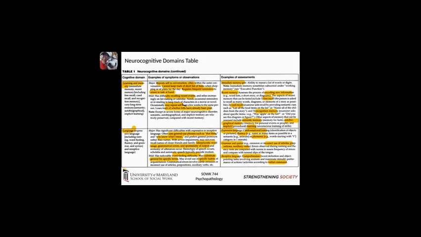Certainly, one of the things that can be an early sign of concern is when a person is repeating themselves and not realizing that they're repeating themselves, and difficulty recalling events. That can be in the form of, hey, that person used to be so good at Jeopardy.